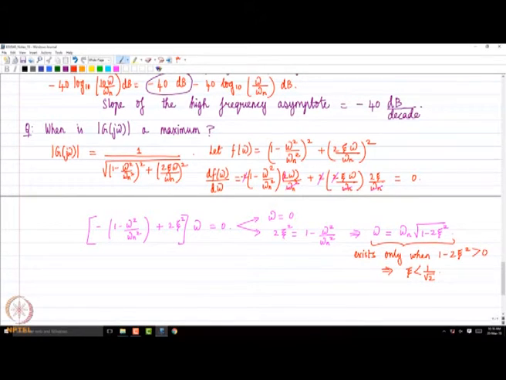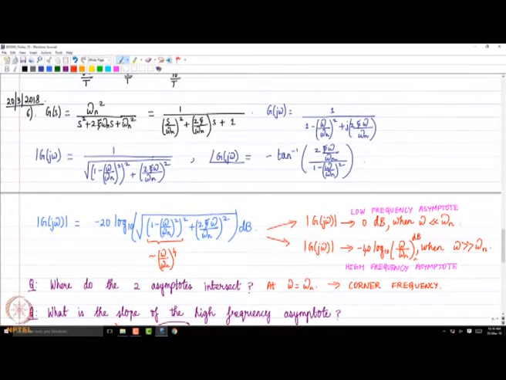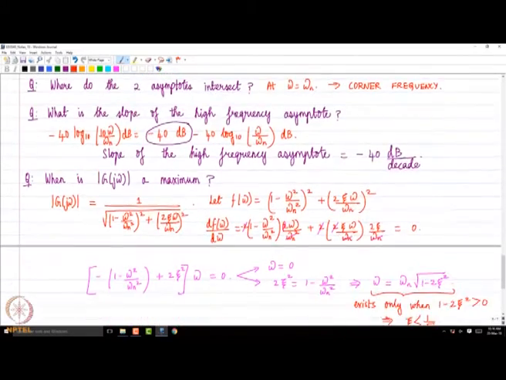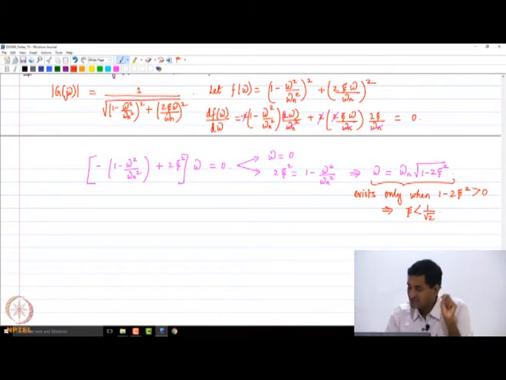Zeta is a positive number; when we started off, I said that zeta and omega n are positive parameters, since we are essentially dealing with systems where zeta and omega n are positive.